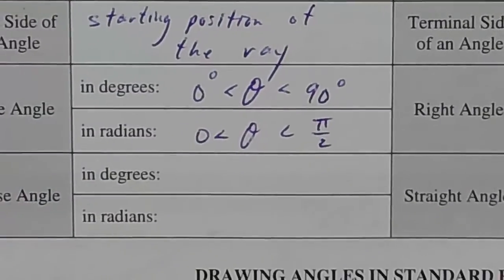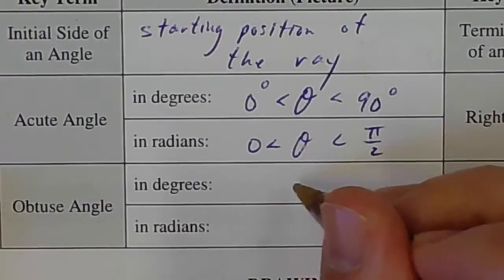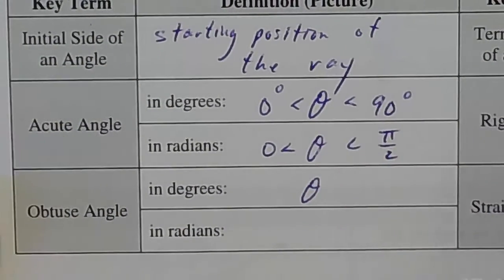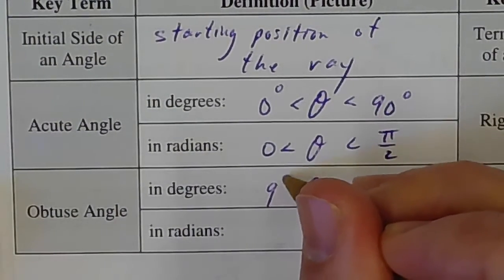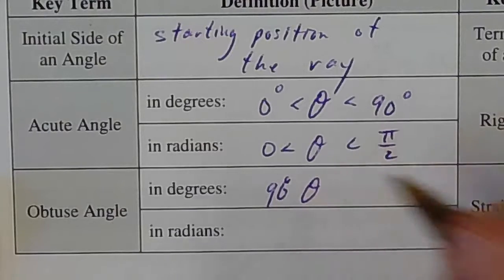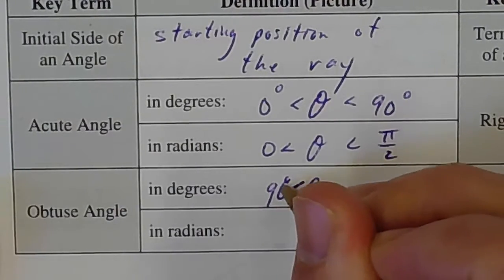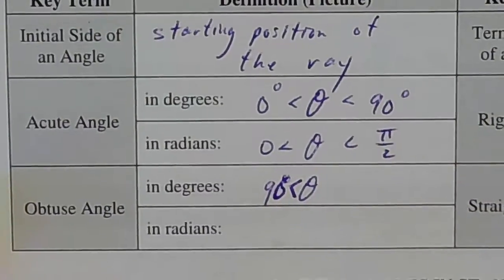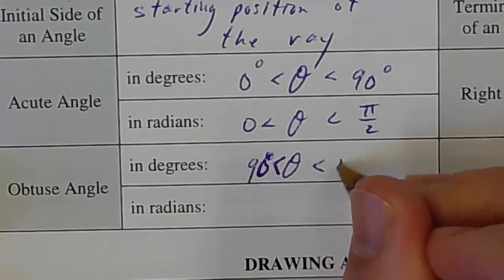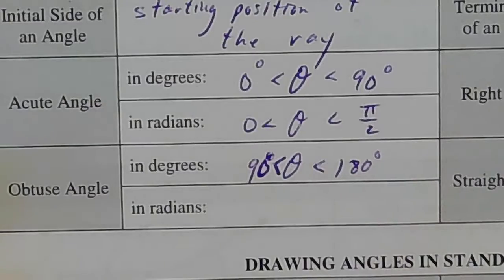All right. Obtuse angles, those are the ones that are bigger than 90, but not more than 180. So we'd say theta is greater than 90 degrees and less than 180 degrees.